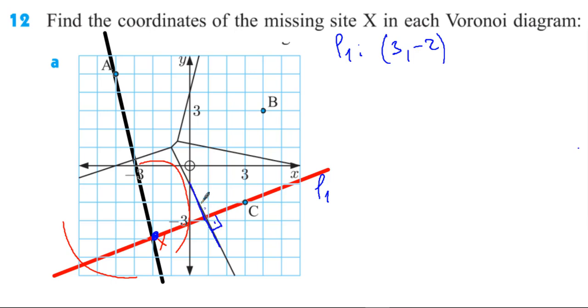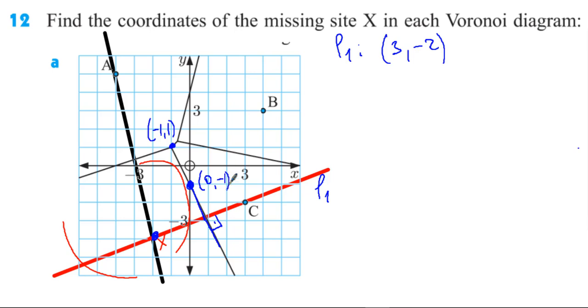And if I know the gradient of this edge, which is given, I can find the gradient of my line. For the gradient of this edge, we need only 2 points. Let me select 2 known points: minus 1 and 1, and 0 and minus 1.